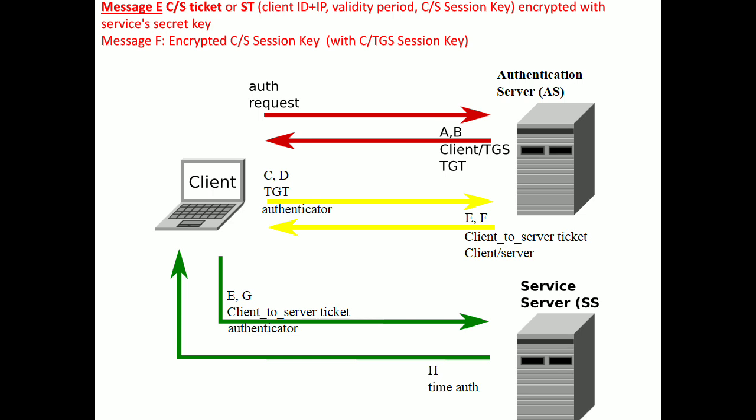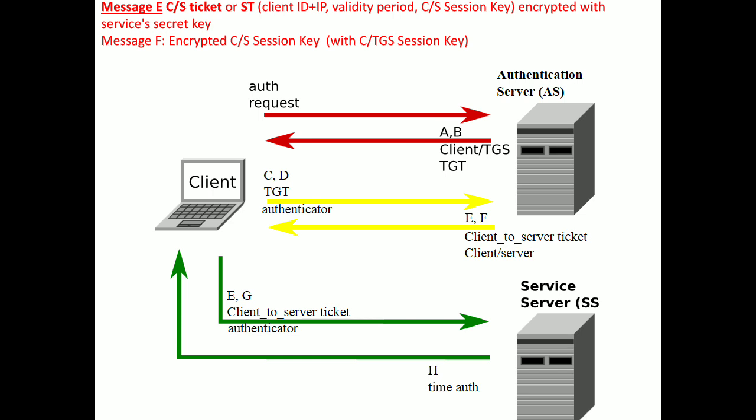So this service ticket again contains another session key. So once the server is able to decrypt this service ticket, it will be able to access this session key to decrypt another message encrypted with this session key, which I will discuss later.